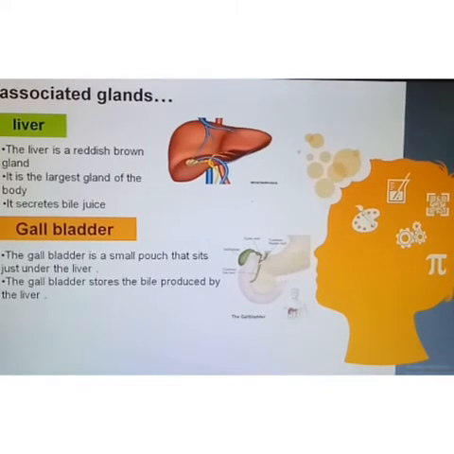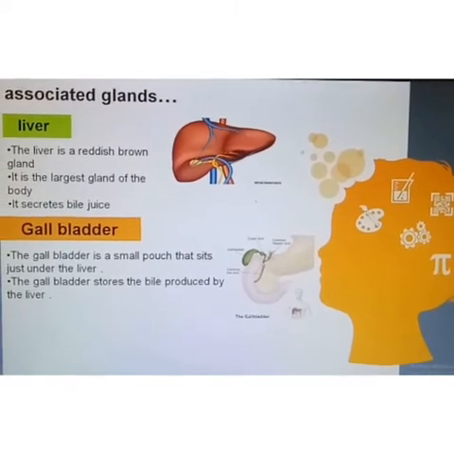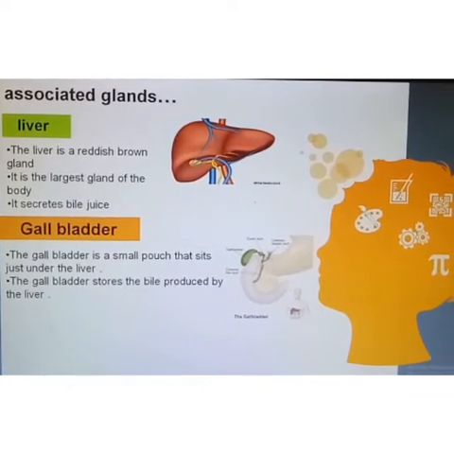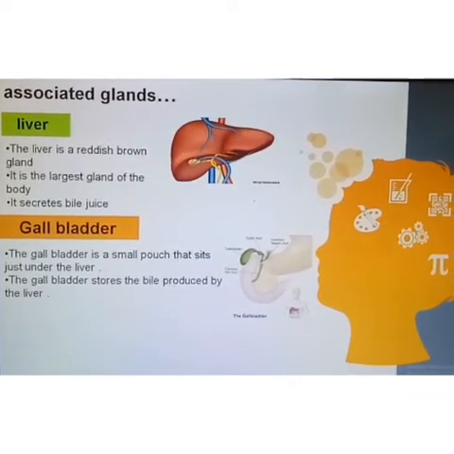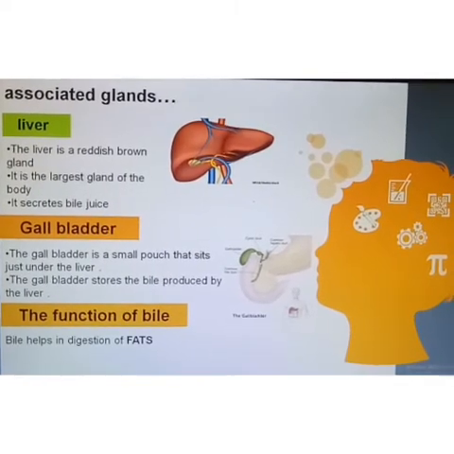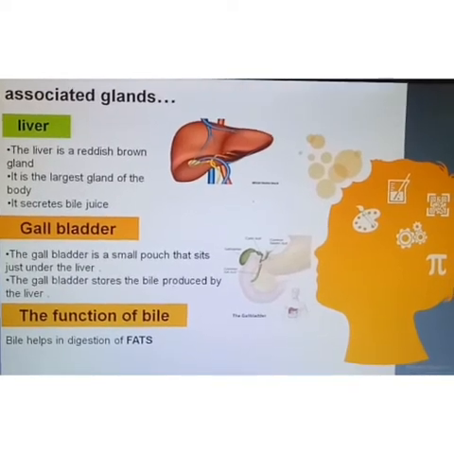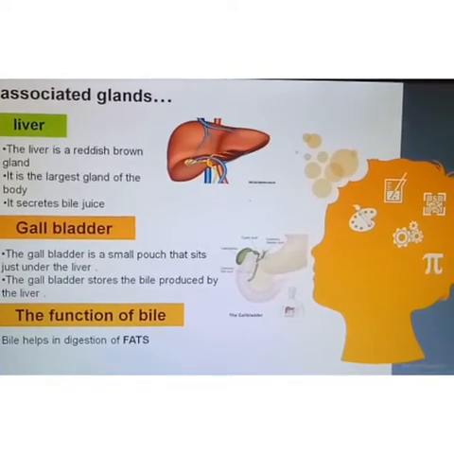The gallbladder is a small pouch that sits just under the liver. If you see the green picture here, the green small pouch is called the gallbladder. The gallbladder stores the bile produced by the liver, and this bile helps in the digestion of fats.